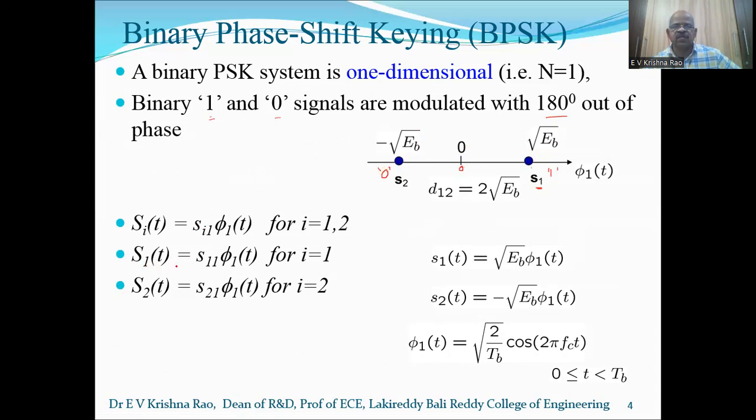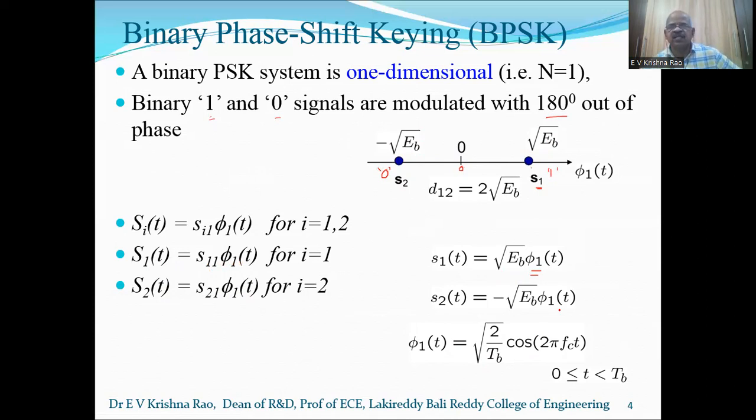So S1 of t is S11 phi 1 of t, a single dimension. S2 of t for binary 0 is S21 phi 1 of t, another vector with a single dimension. S1 of t and S2 of t are represented accordingly with phi 1 of t as root 2 by TB cos 2 pi fct. This is the signal representation of BPSK.